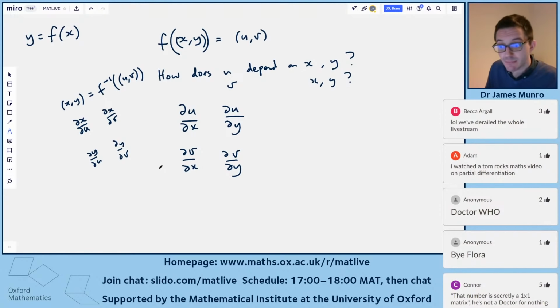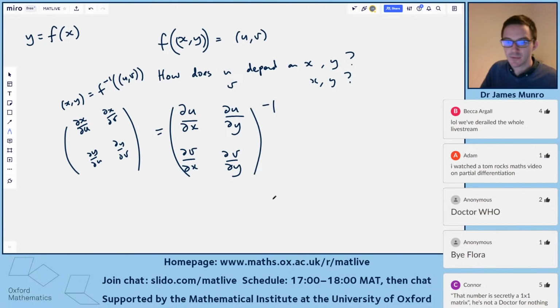And the big surprise is that this matrix is the inverse of this matrix for the inverse function, which is really cool. So when you want to work out these derivatives, they're just the inverse of those ones going in the other direction.